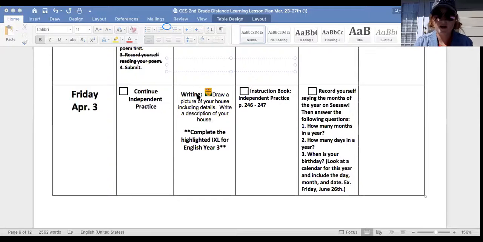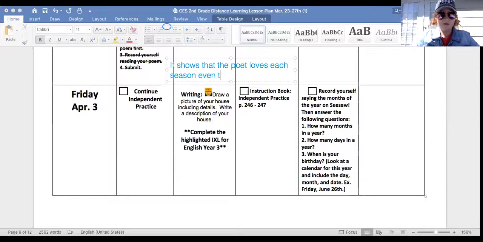What are they talking about here? Each season. Okay, so it shows that the poet loves each season, even though they are different.